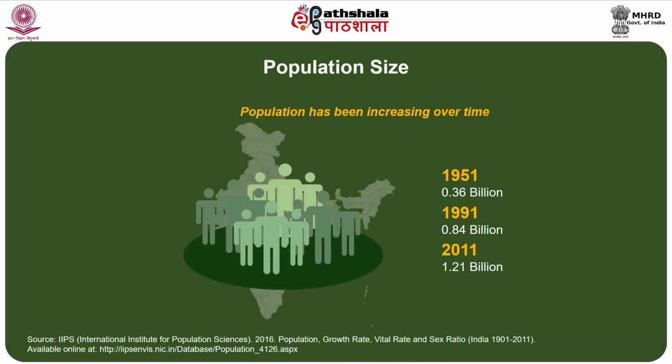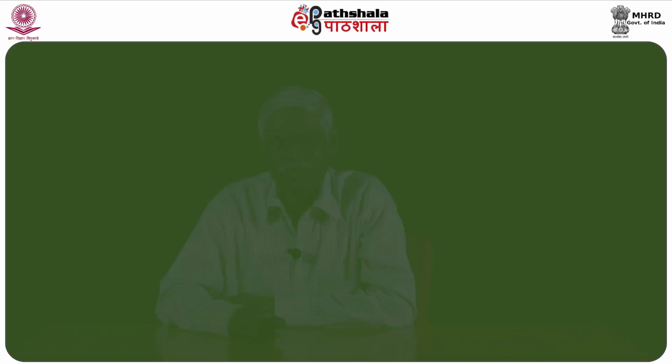If you look at the population size of India, which was 0.36 billion in 1951, it has steadily increased to 0.84 billion in 1991, and it moved further to an extent of 1.21 billion as per the latest census of 2011.